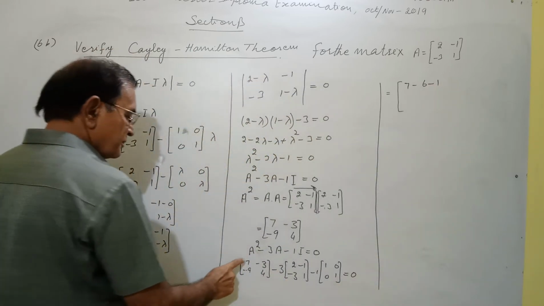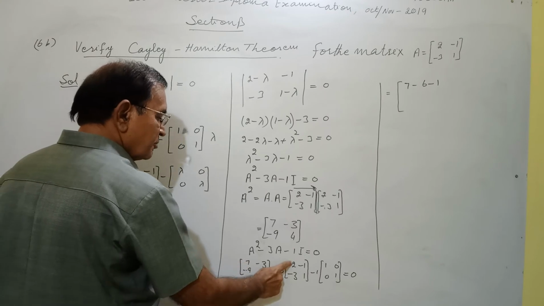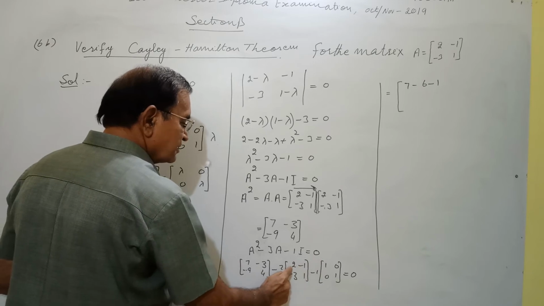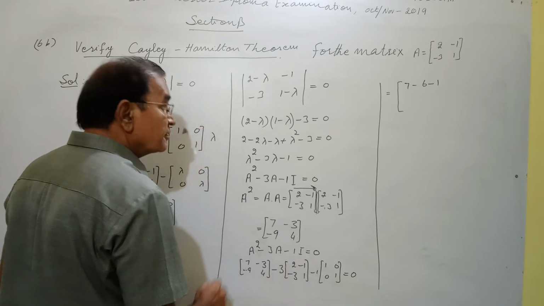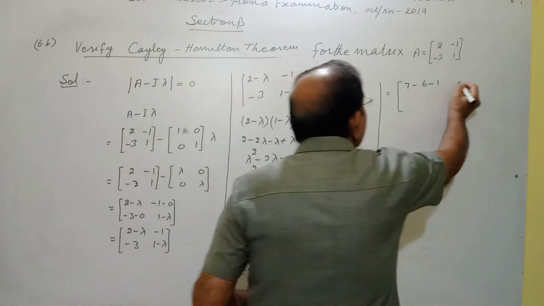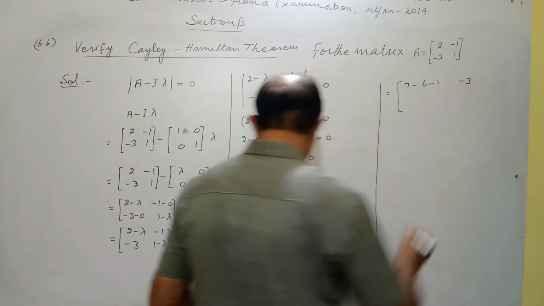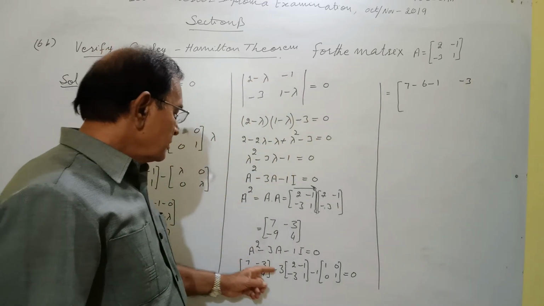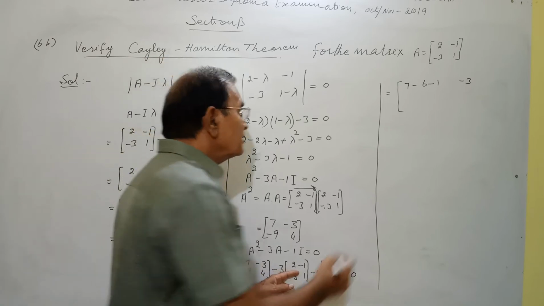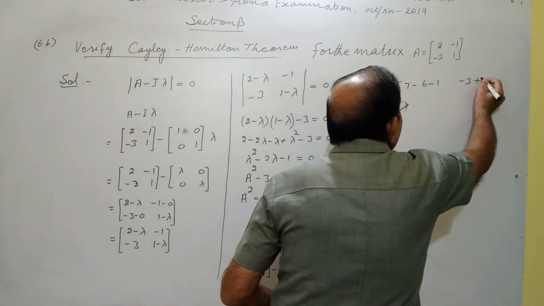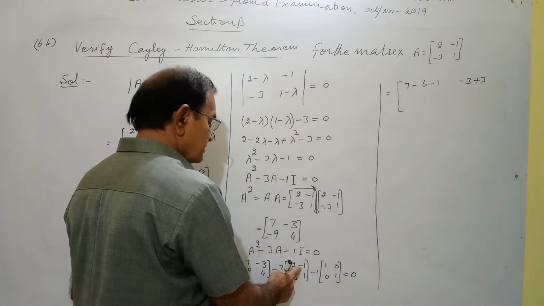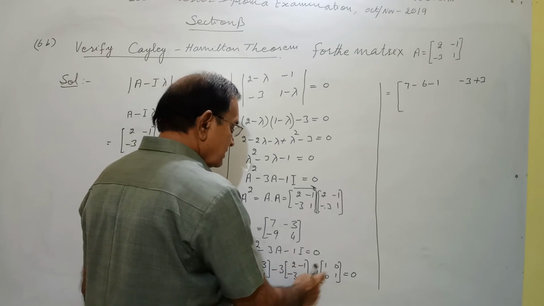See once again this 7 minus 6 minus 1, when we multiply this 3, 2 and minus 1, minus 1. Then come to the second entry, minus 3. Minus 3, minus minus, plus 3. See here, minus 3 and minus 1, plus 3, minus 1 and 0.